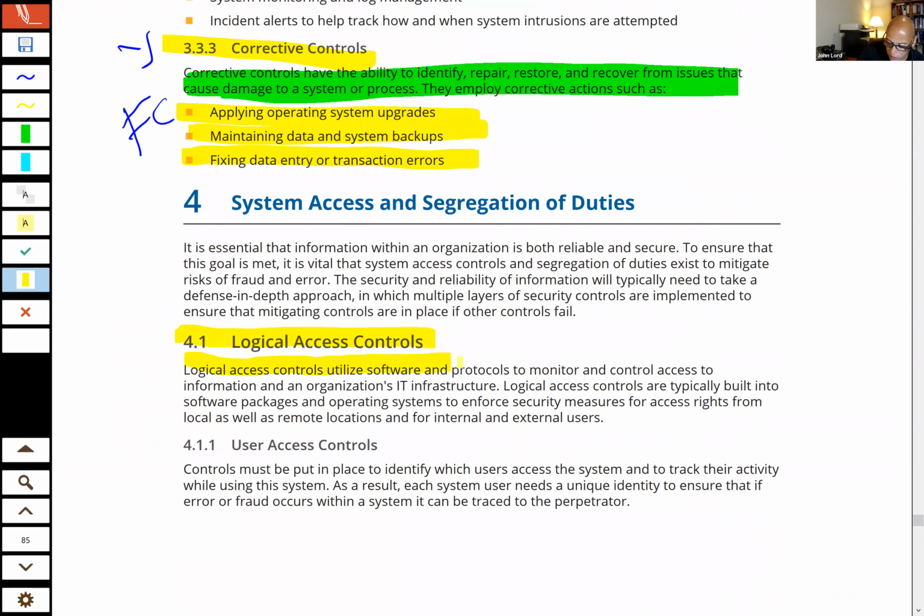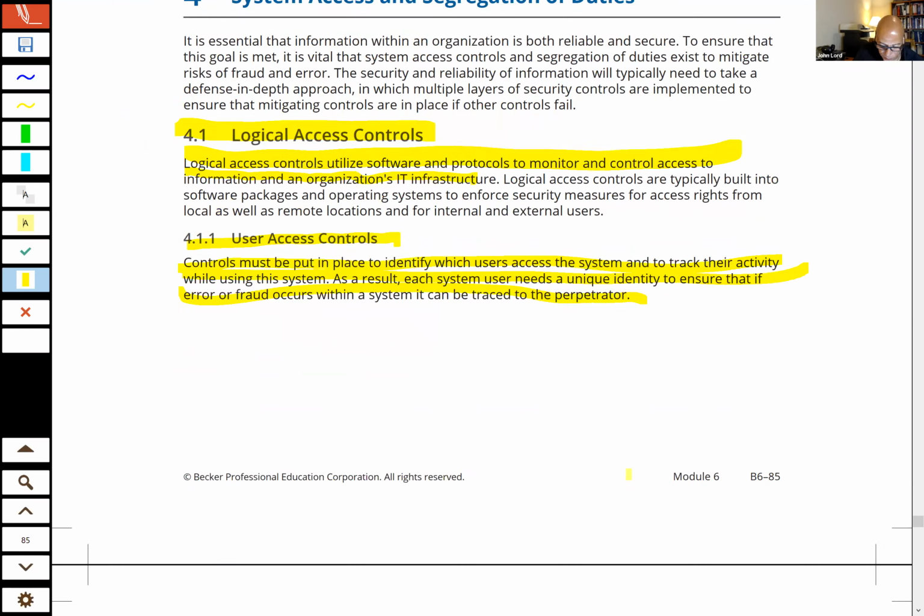Logical access controls utilize software and protocol to monitor and control access information and an organization's IT structure. User access controls is an example of logical access controls. And we basically need to be able to track the identity of any unique user. So if somebody does something wrong, we can trace it back to the particular individual that violated whatever access they should have. Okay.